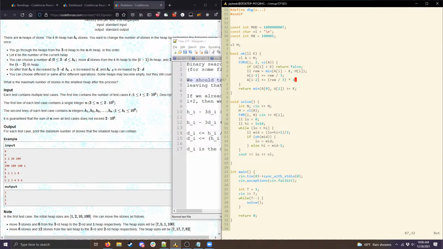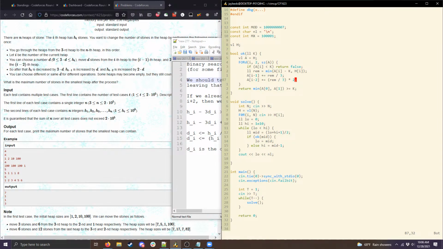Several people are asking how I identify that binary search could be used for this problem, or more generally, how to tell whether a problem satisfies the binary search property. First of all, the idea is that if we can make sure the smallest heap contains at least 7 stones, for example, then we can definitely make sure it contains at least 6 stones.